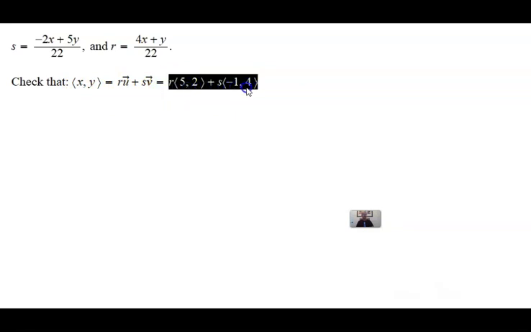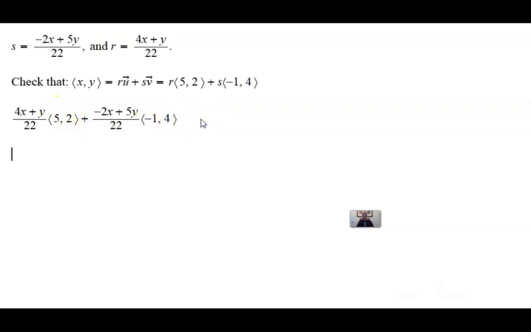So let's simplify this. We want the linear combination r times (5, 2) plus s times (-1, 4). Let's simplify each vector. When we multiply (5, 2) by (4x plus y) over 22, multiplied by 5 we get 20x plus 5y, and multiplied by 2 we get 8x plus 2y.